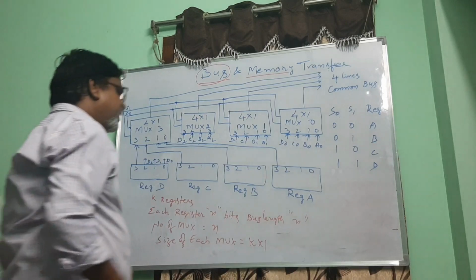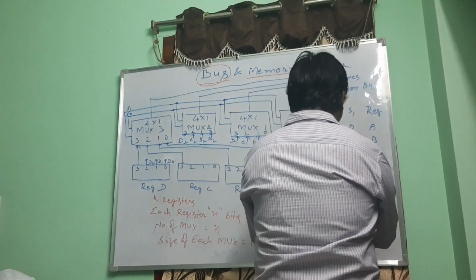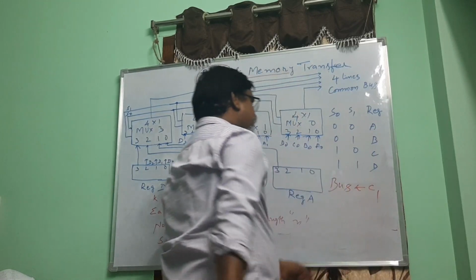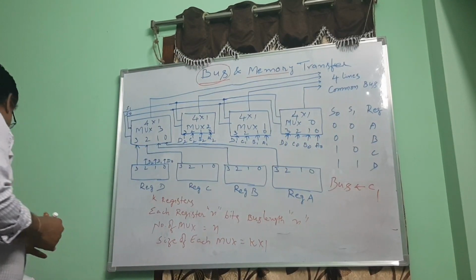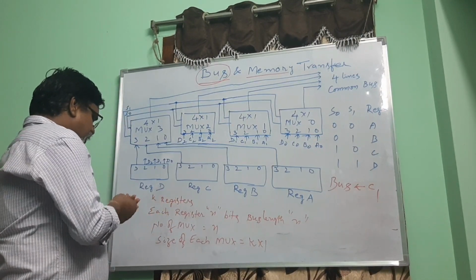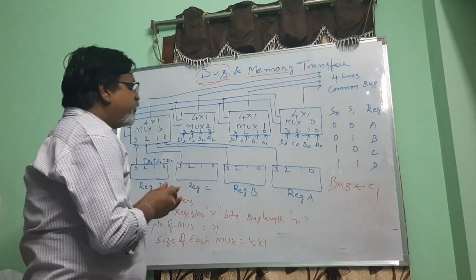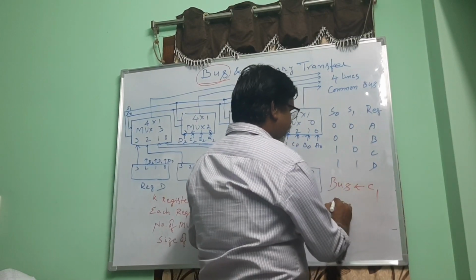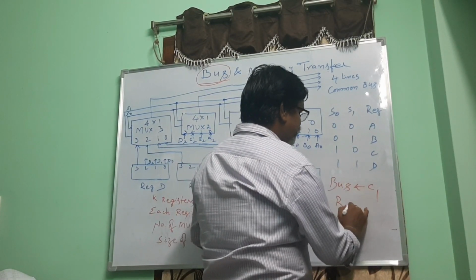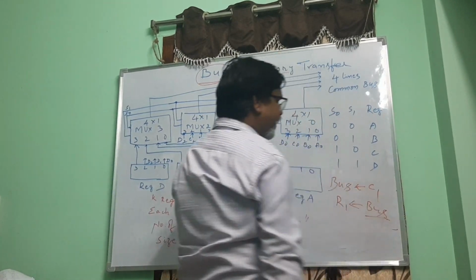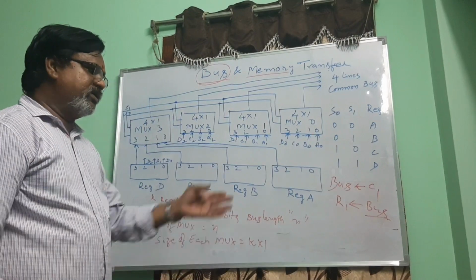Now, say for example, there is a certain group of buses. There is a register C1 whose data is going to be transferred onto the bus, and there is a register R1 into which the data stored on the bus is copied.